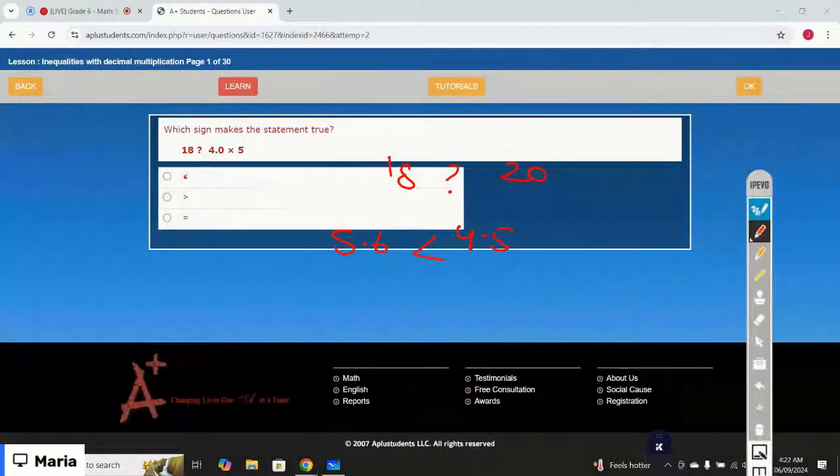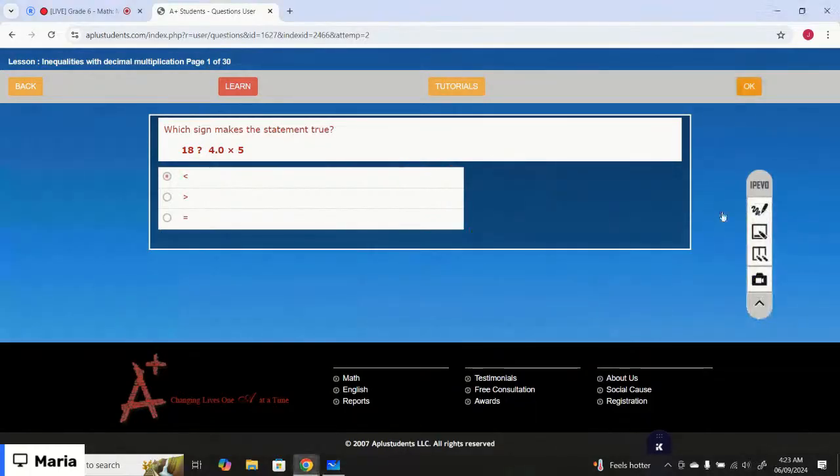So which is the correct option? 18 is less than 20. The correct option is less than. Option number 1 is the correct option.